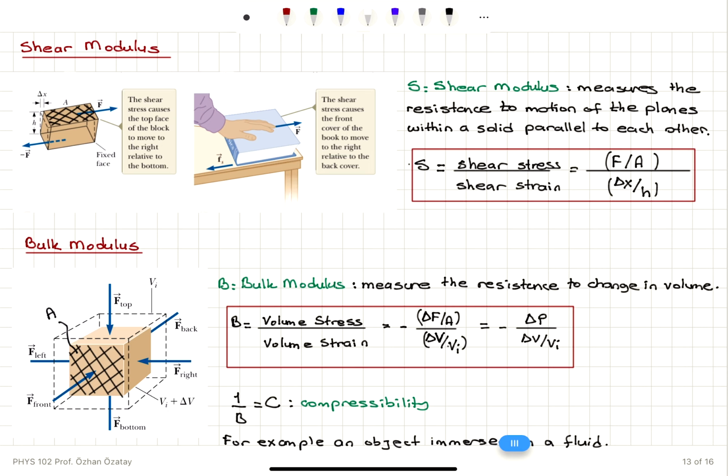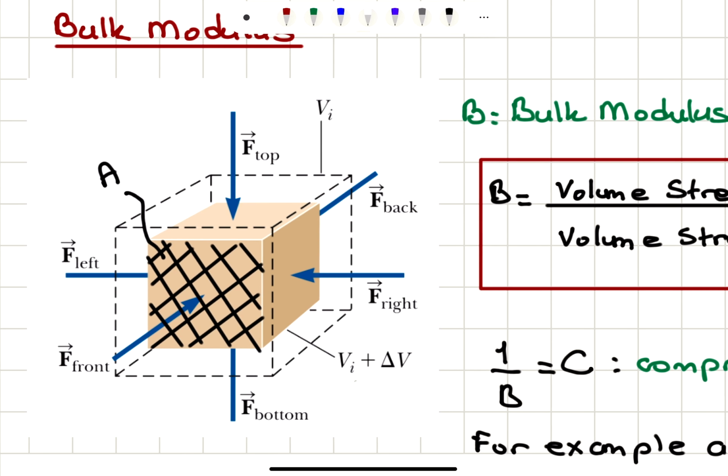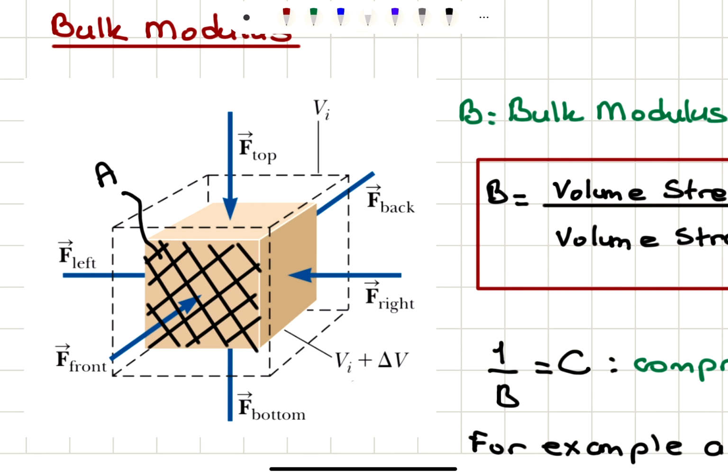Now, we can also change the pressure that is being applied on an object. So what is the pressure? It's the force per unit area. So let's say that we have this object placed in the atmosphere. We have atmospheric pressure. There is a force being applied from all sides. And if this is a cubic object, force per area, the pressure is the same on all sides.